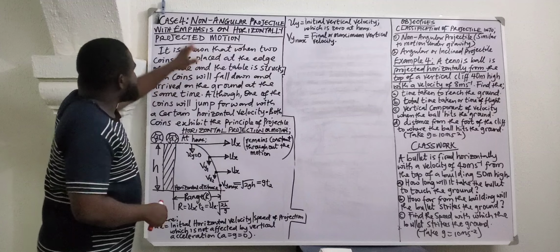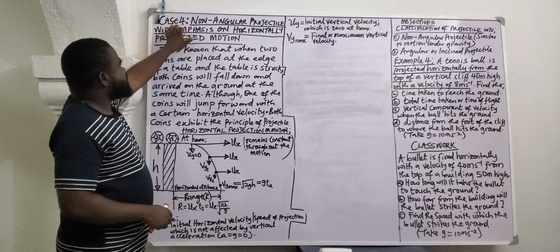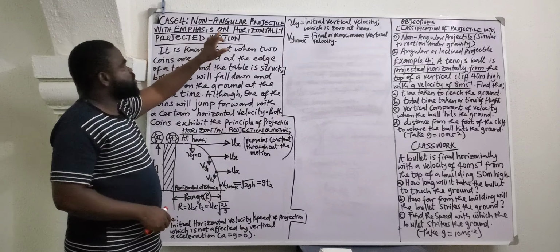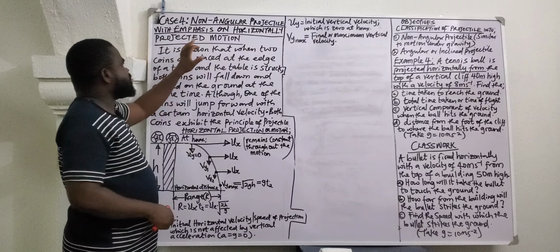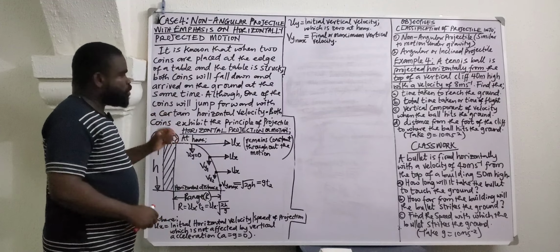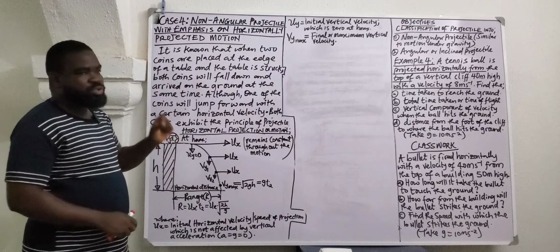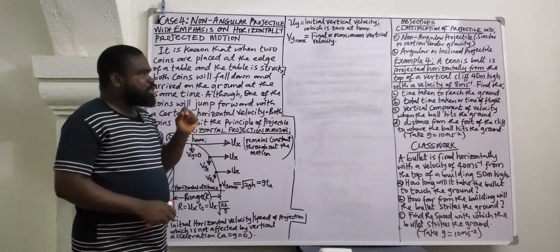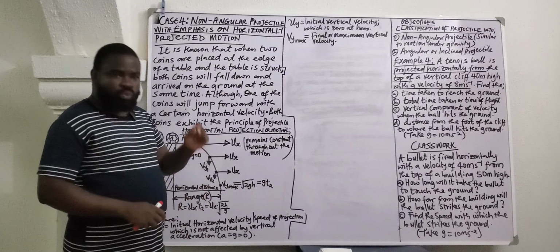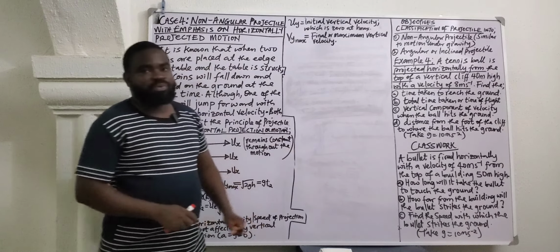Now, we'll consider this as case 4, non-angular projectile with emphasis on horizontally projected motion. This will be the first time you will come across a question where you are told that the body is projected horizontally with a velocity.